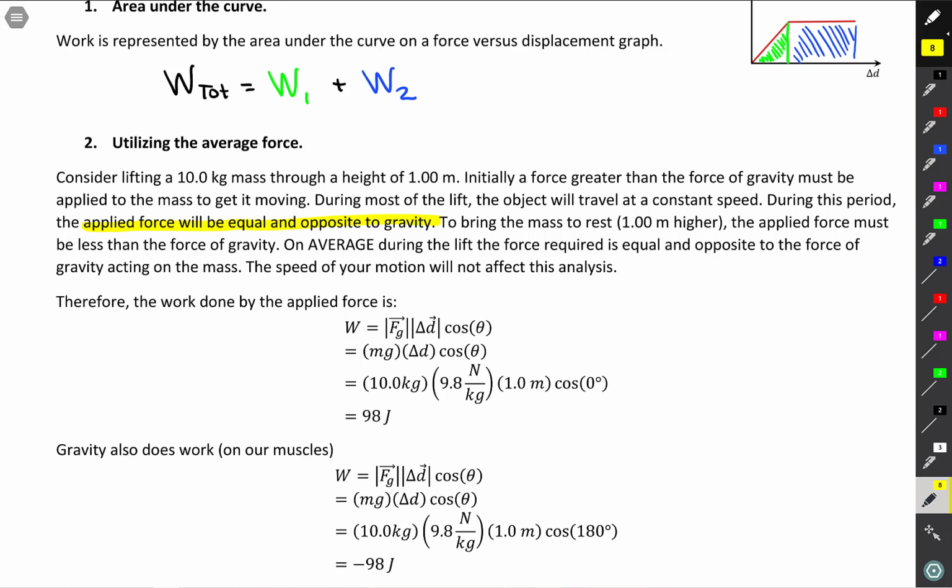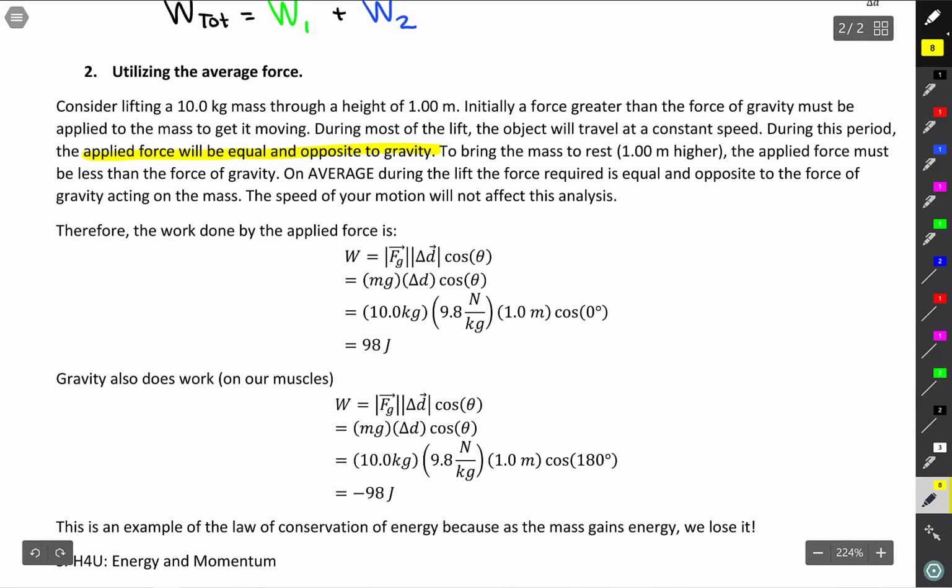Now, if I was going to bring it to a stop, the gravity force has to be a little bit larger than the applied force to cause acceleration downwards, which would slow the box down and eventually bring it to a stop. So on average, the force required is equal and opposite to the force of gravity, because we think about the speeding up and slowing down as essentially canceling each other out, and you get this average in the middle of a constant motion.